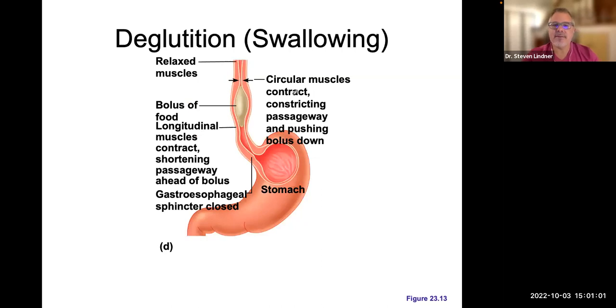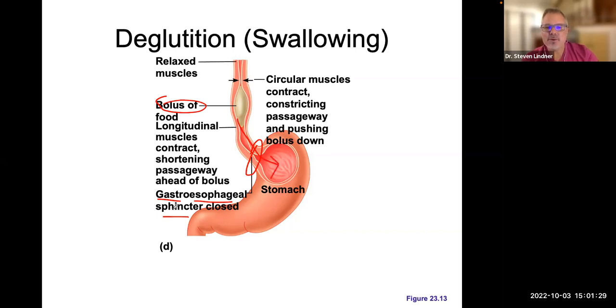Here it is. We have these peristaltic waves, these contractions known as peristalsis. The bolus is still moving all the way down. It has to make it through right here, known as the gastroesophageal sphincter. This gastroesophageal sphincter opens up so that the contents can now enter the stomach.